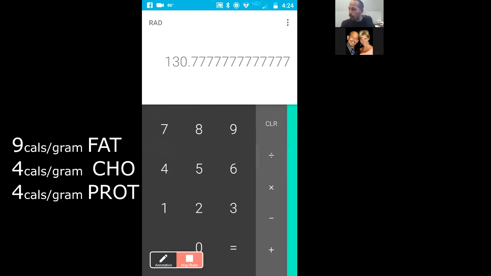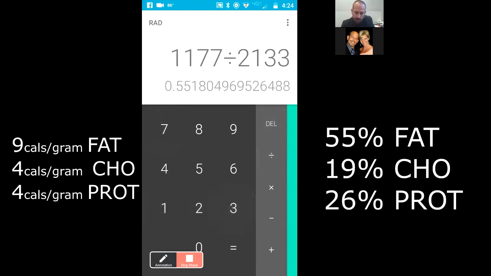Okay? If you like talking in percentages, we can take a look at what that looks like. We take that 1177 divided by the total number of calories, and that would give us 55%. So 55% coming from fat, 400, which is my carbohydrates, divided by 2133, it's going to be about 19% carbs.